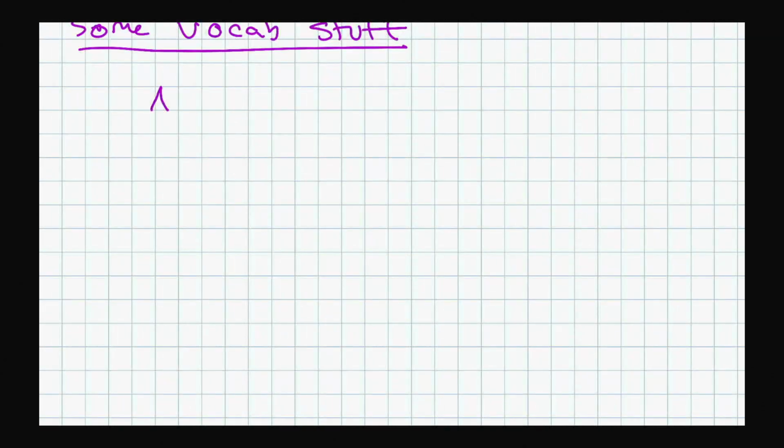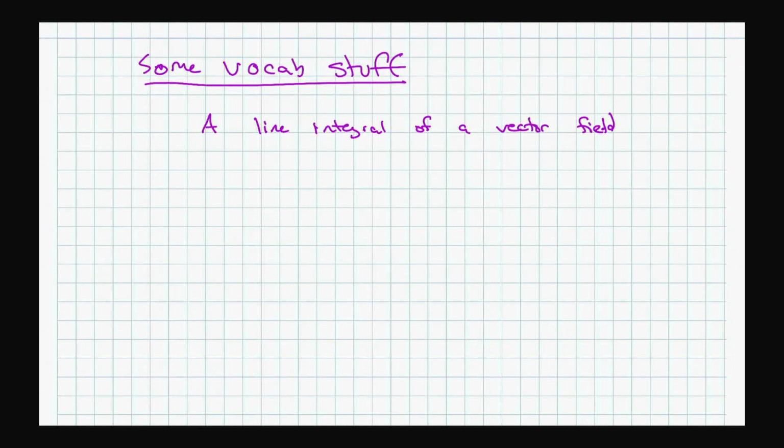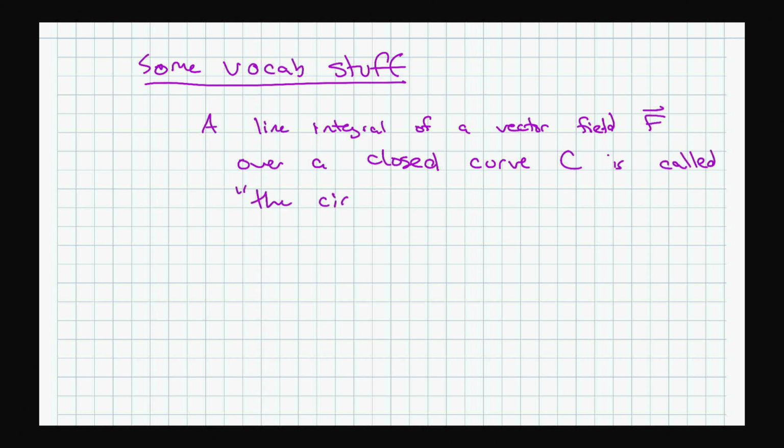A line integral of a vector field f over a closed curve C is called the circulation of f over C. Okay, so the key there is the word circulation. That's a new word.